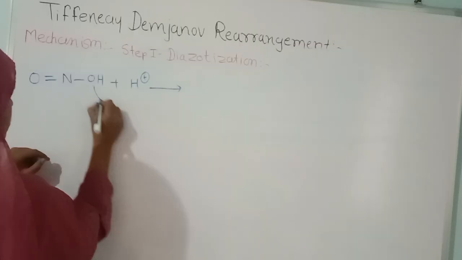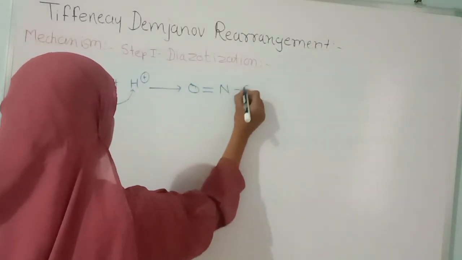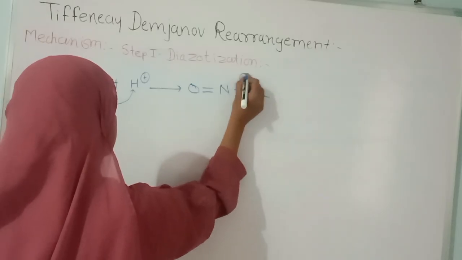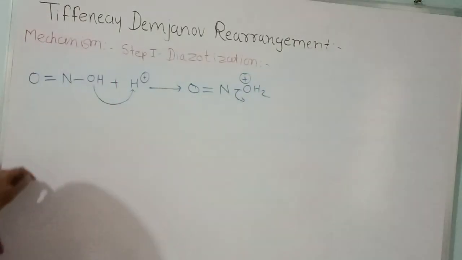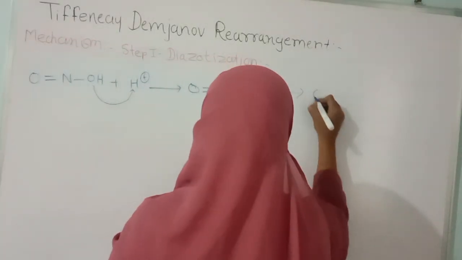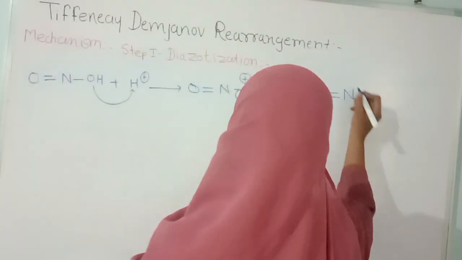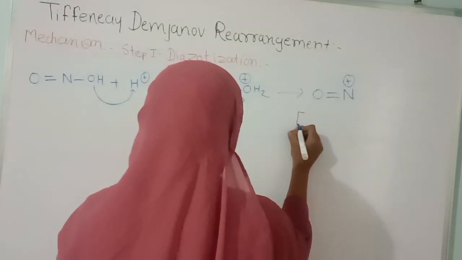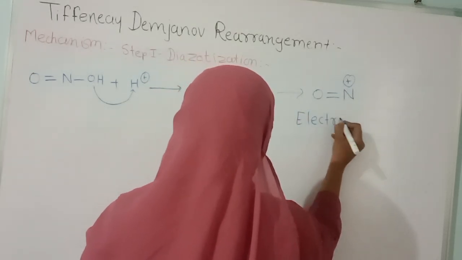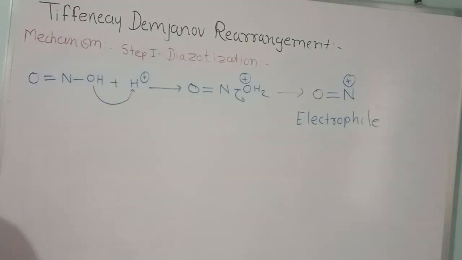This hydroxy group picks up this proton, then we get OH2 plus, which is a good leaving group, which will depart, and a nitrosonium electrophile will be obtained. Electrophile means nitrogen carrying a positive charge. The name is nitrosonium.